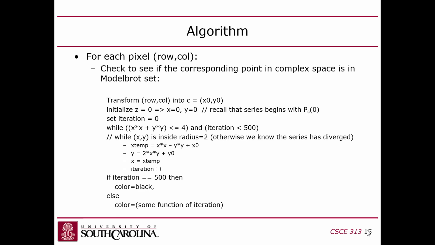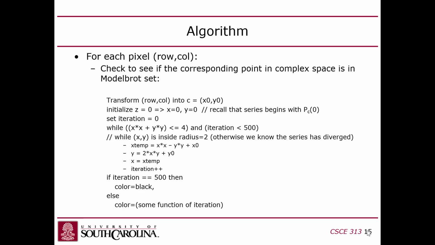If that's not the case, if iteration isn't 500, it means that we broke outside of the while loop because the norm of the z value exceeded 2, right? It went outside the radius 2 circle. So at that point, the color needs to be determined as a function of the iteration.